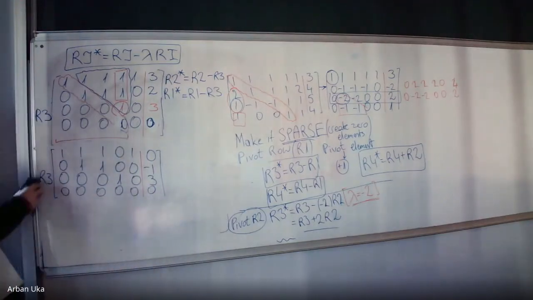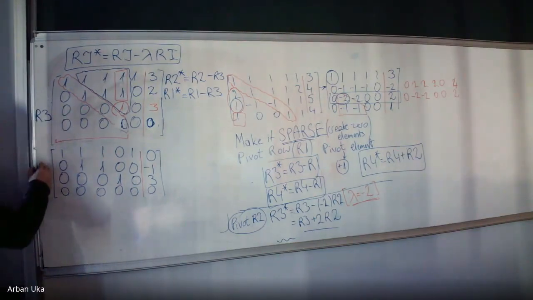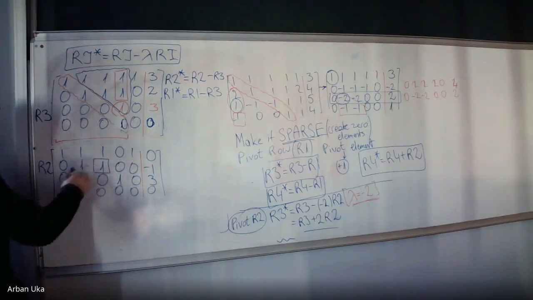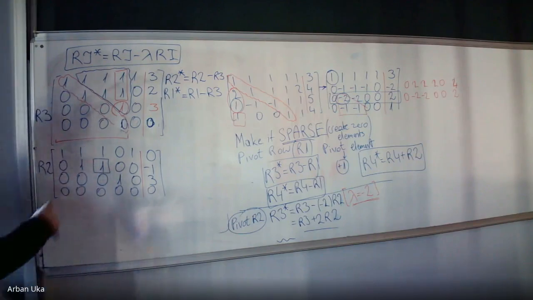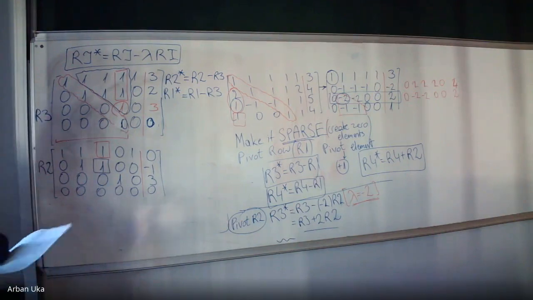The next step, to produce more zeros, is to use row 2 as a pivot. And using this element, we want to make these zeros, okay? So this is how we move forward.